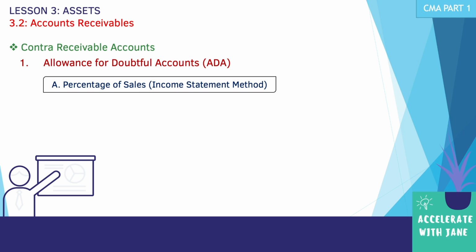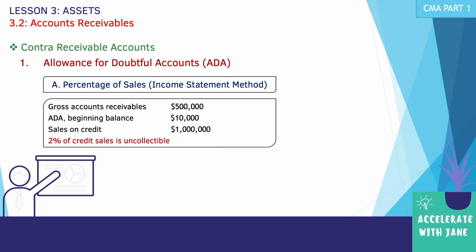So let's have an example for the first method, percentage of sales or income statement method. The problem says, first, gross accounts receivable amounts to 500,000 US dollars. Then we have the allowance for doubtful accounts, or ADA, beginning balance. For example, as at January 1, the beginning balance of the allowance for doubtful accounts is 10,000 US dollars.